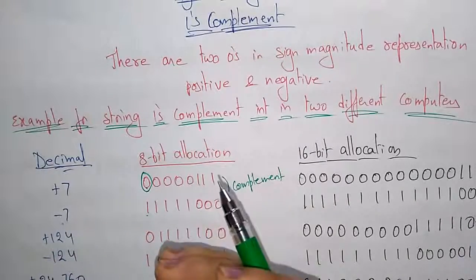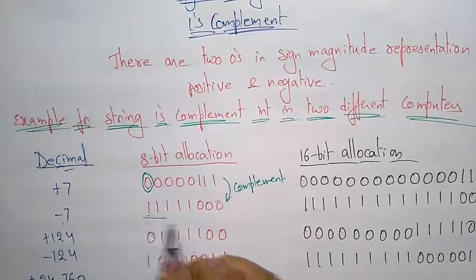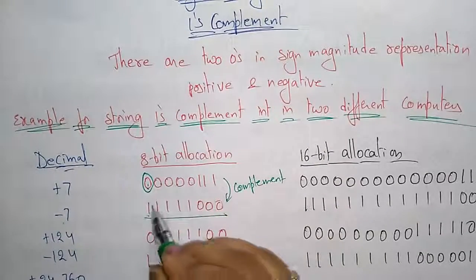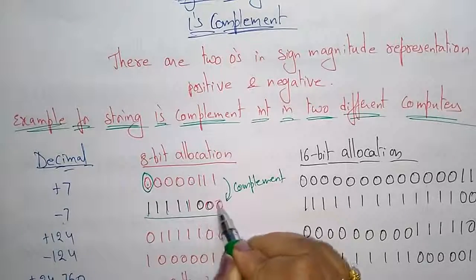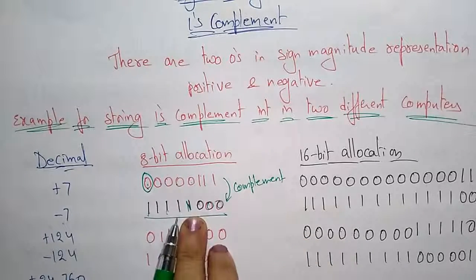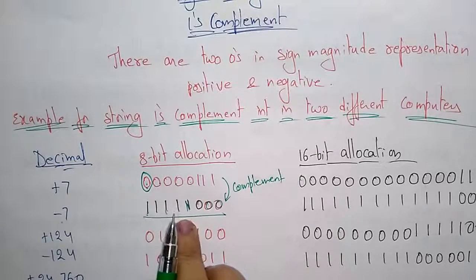Whenever the number is negative, take the positive number, reverse it, and you will get the negative value. In place of zeros I place ones, and in place of ones I put zeros. This is how minus 7 is stored in an 8-bit location.